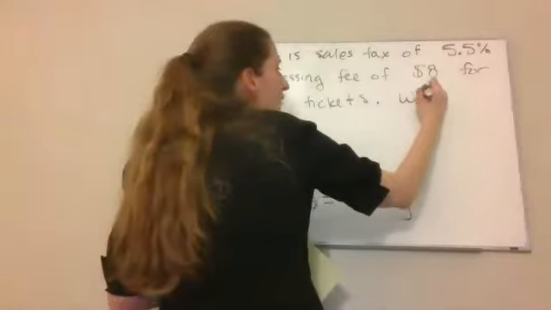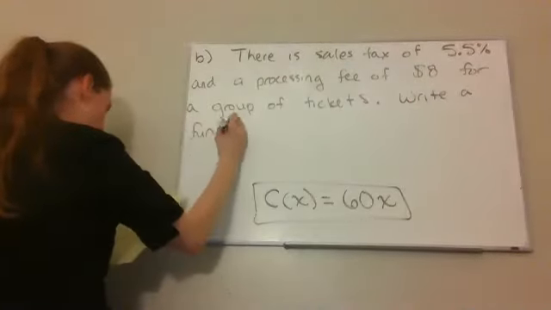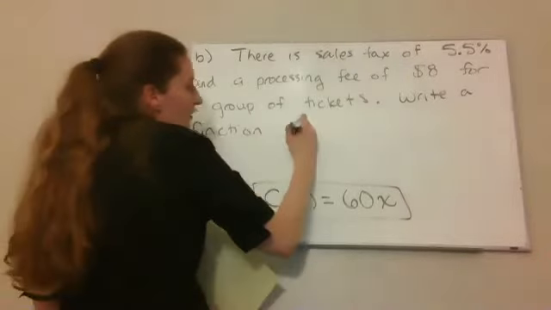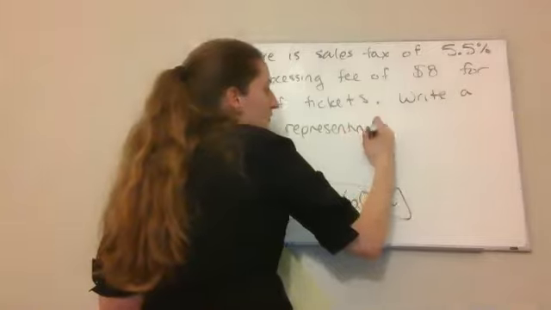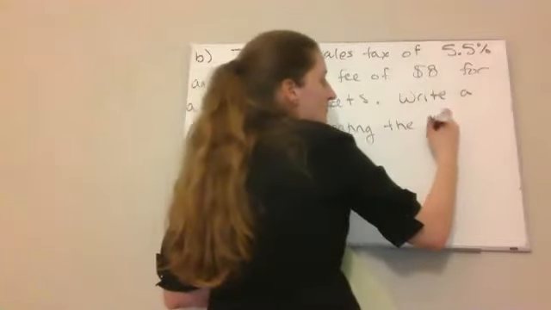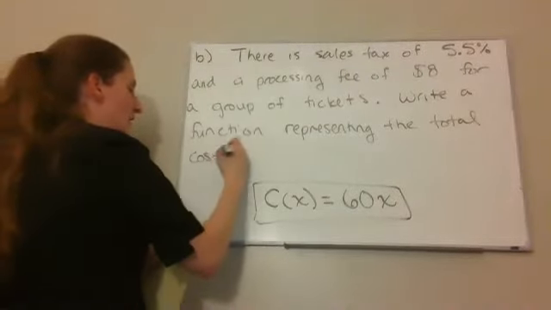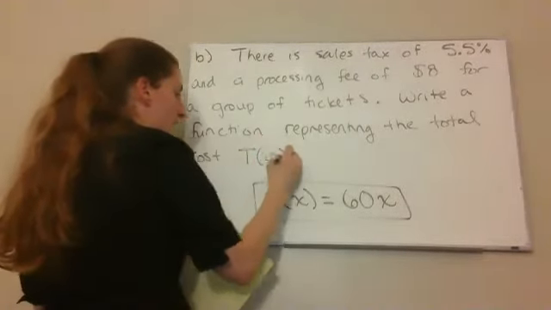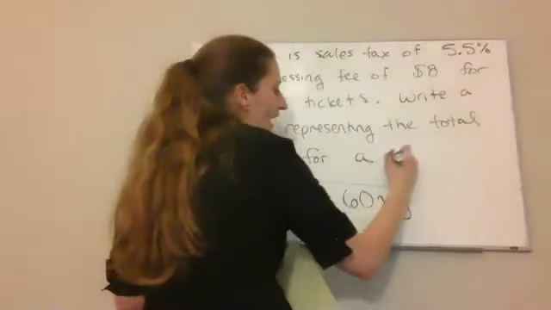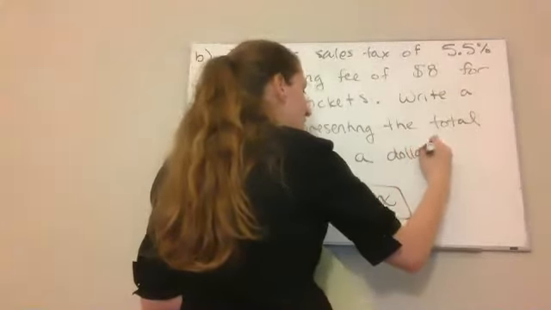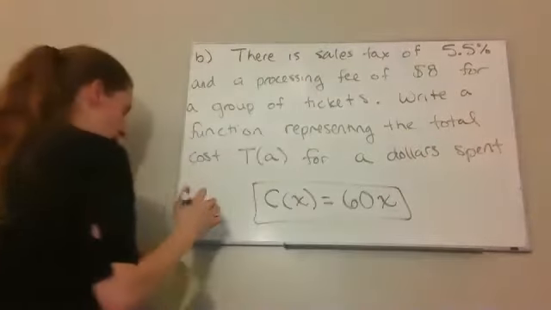We're going to write a function representing the total cost, which we're going to call T of A, for $A spent on tickets.